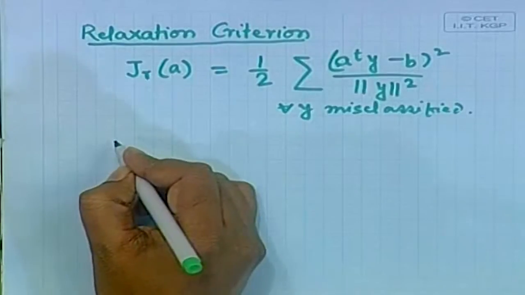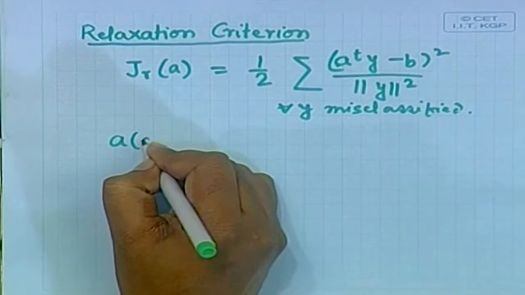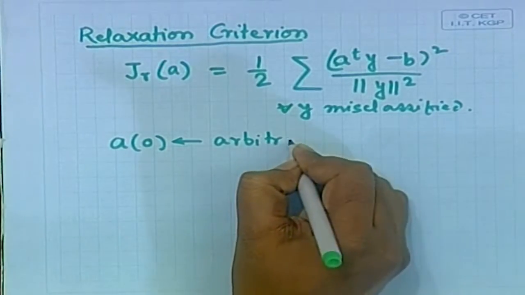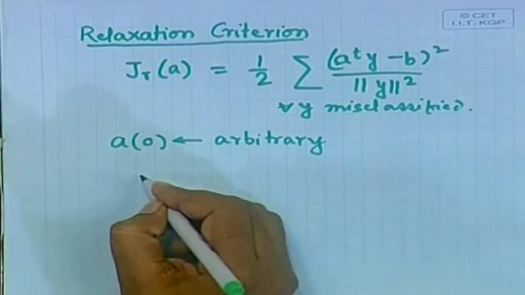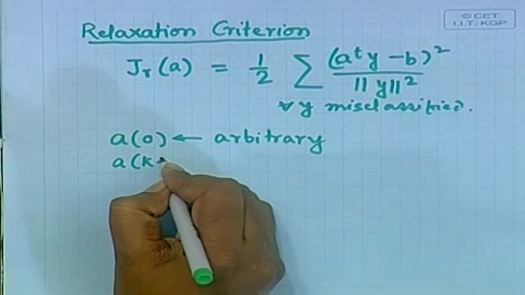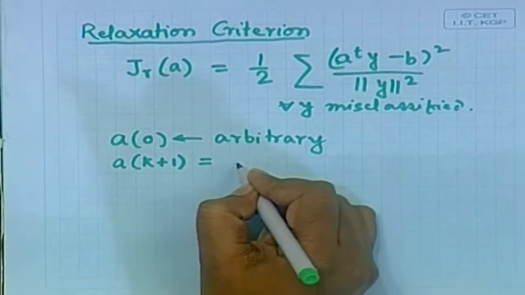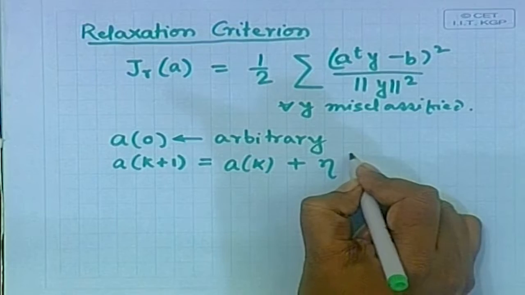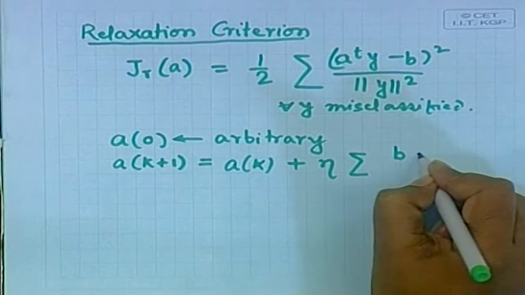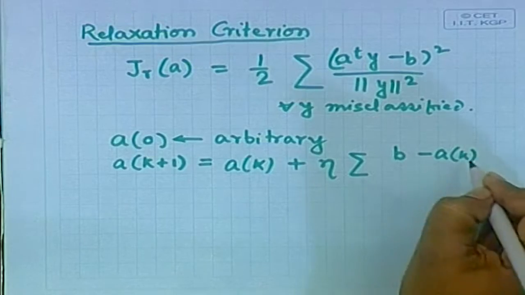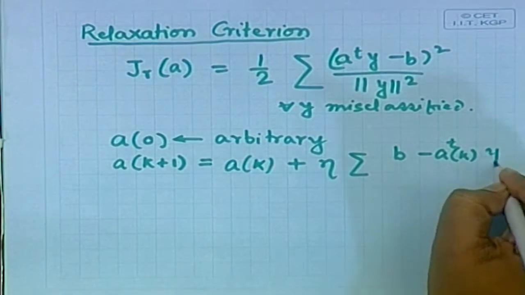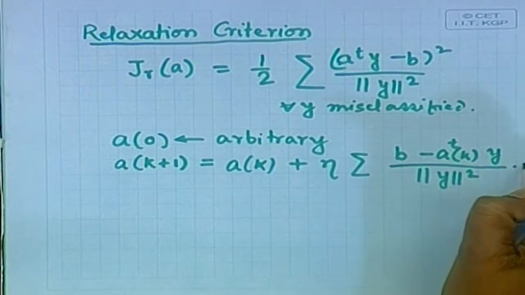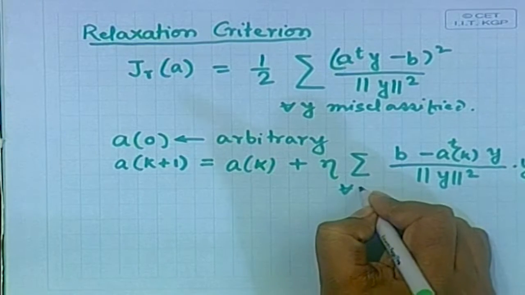And so we have this relaxation algorithm, which is given as: a0 is chosen arbitrarily, and then we have the iterative approach, that is, ak plus 1 will be given by ak plus eta times the summation of (b minus ak transpose y) upon mod of y square, into y, for all y misclassified.